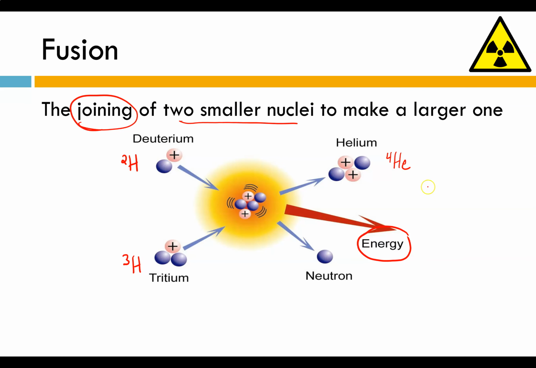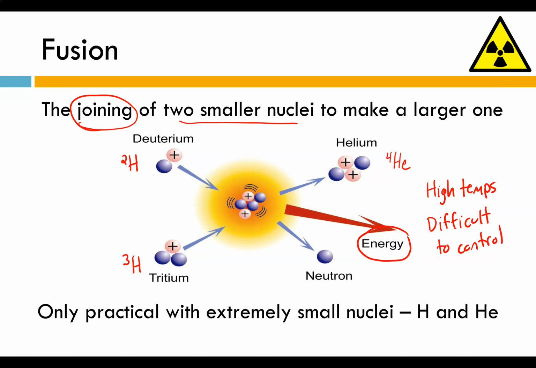Fusion is difficult because we need high temperatures, and it's difficult to control. This happens readily on the sun, and as you might imagine, getting to temperatures that high and still being able to control the material is going to be extremely difficult to do on Earth.